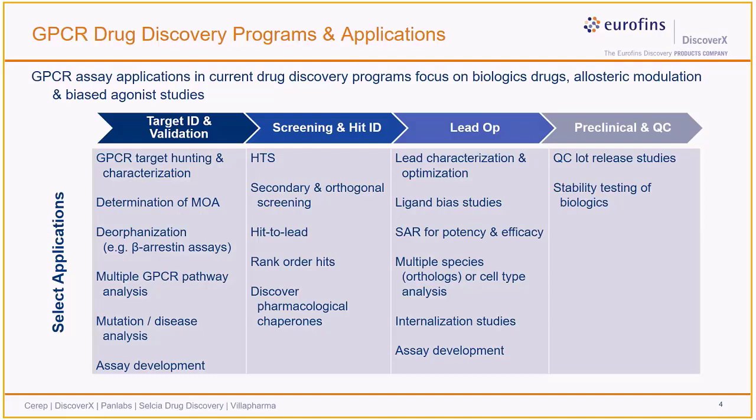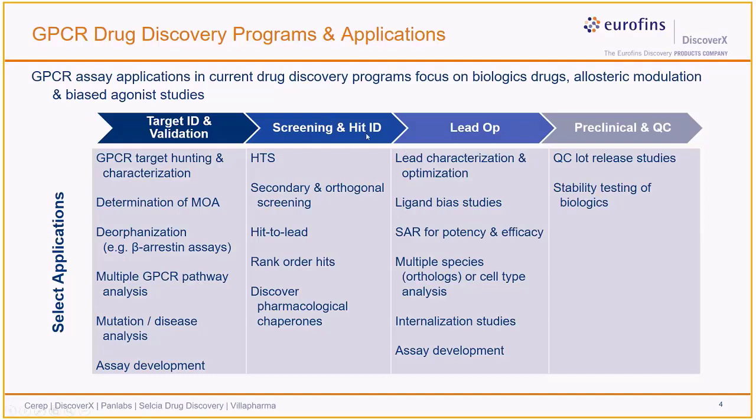Maybe looking at multiple GPCR pathways, for instance ligand bias studies, where a ligand binds and activates either cyclic AMP accumulation, calcium, or beta-arrestin recruitment. Or maybe they mutate the GPCR and it causes a disease. They might be looking at that as well as internalization and trafficking.